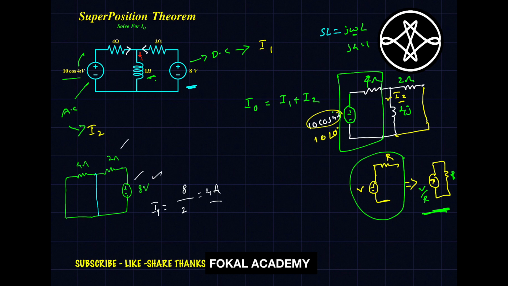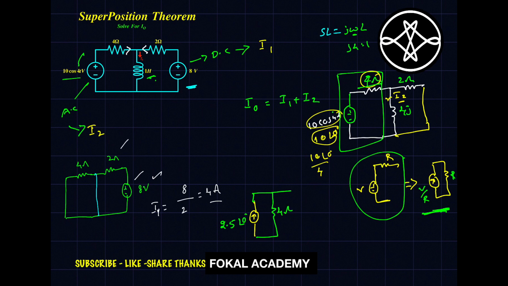So the current is V by R. Here V is 10 with phase angle 0 and R is 4 ohms, so that is 10 by 4 with phase angle 0, which is 2.5 with phase angle 0. Now draw one resistor in parallel, that is 4 ohms. Keep the remaining as it is.